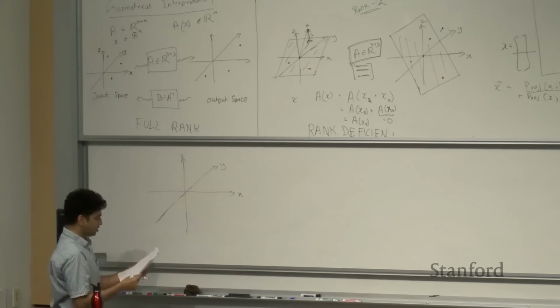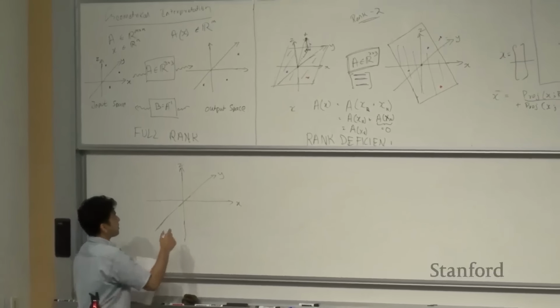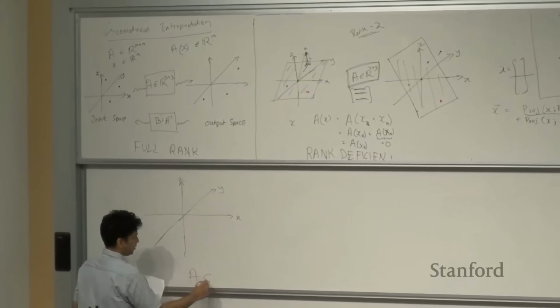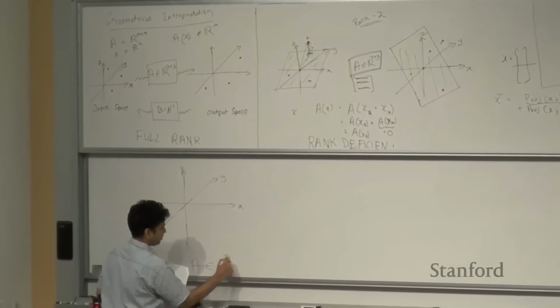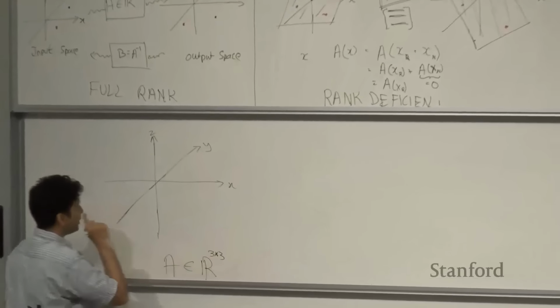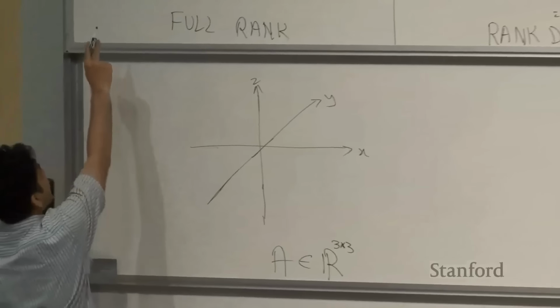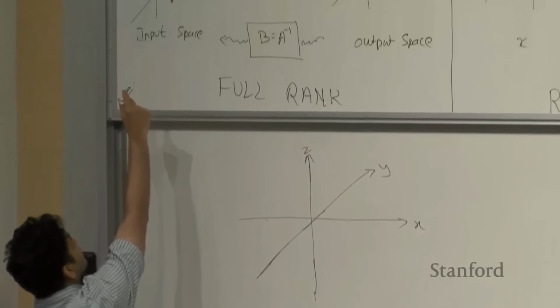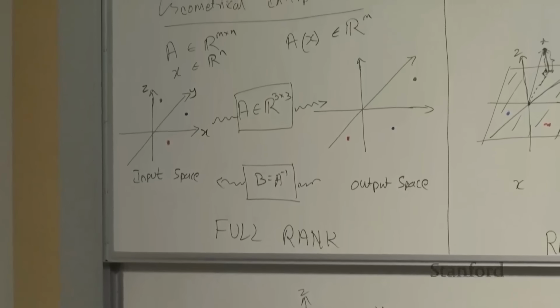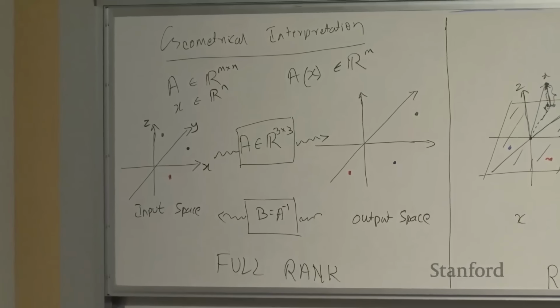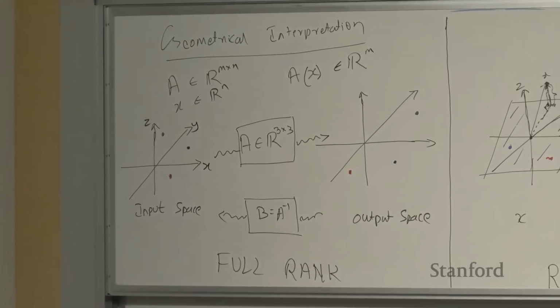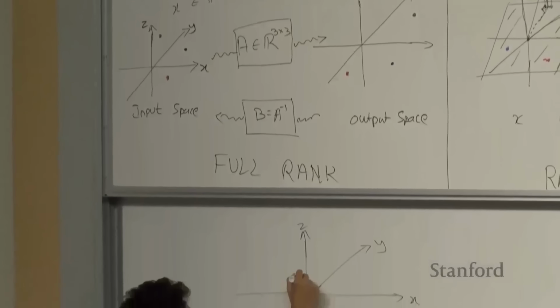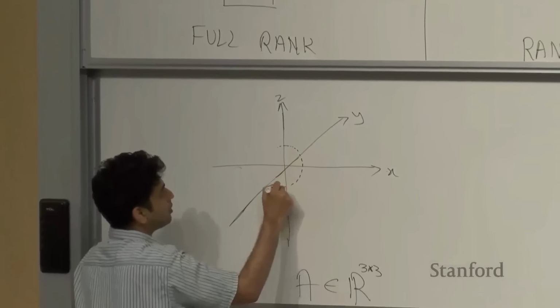Now, let's ask the question. We saw what happened when we choose some points and run them through A: you get an output point. Now, what happens if we take the unit sphere around the origin?